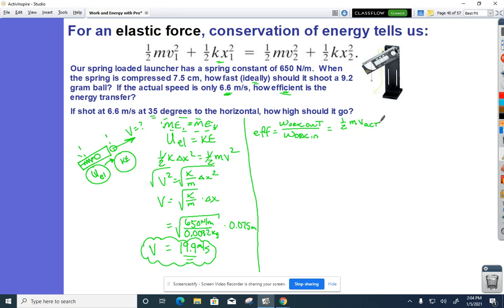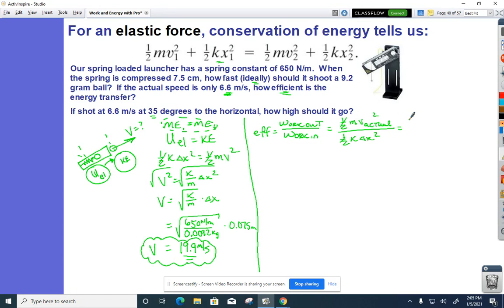I'm going to put that down as the actual speed squared, simply because it doesn't come out that fast. So I'm going to use the experimental actual value to determine what that is. Now, the input work was my 1/2 k delta x squared. That's how much work I did to compress that spring together. So if I take that ratio, I'm going to get a measure of the efficiency.